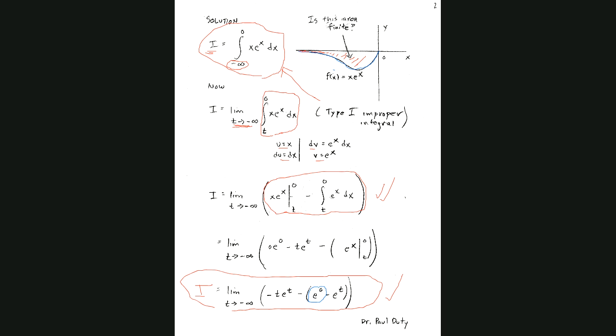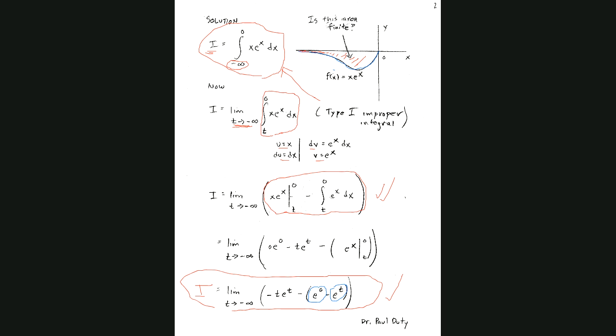Well, e to the 0 equals 1, right? So that's not even involved in the limit. What about e to the t? As t goes to negative infinity, what would e to the t approach? That's going to approach 0. That's right. So that's not going to be a problem.